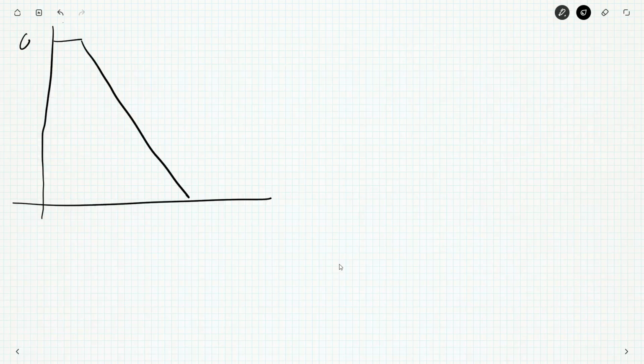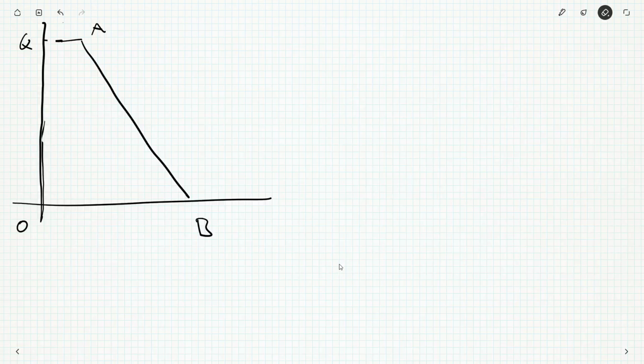So Q, A, O, B. First of all, let's make this x-axis a little more convincing. Okay, so I would say something like, notice that AQ is parallel to BO.